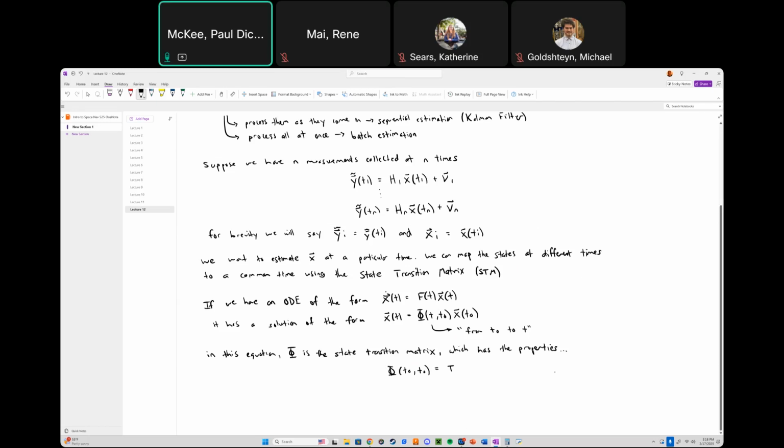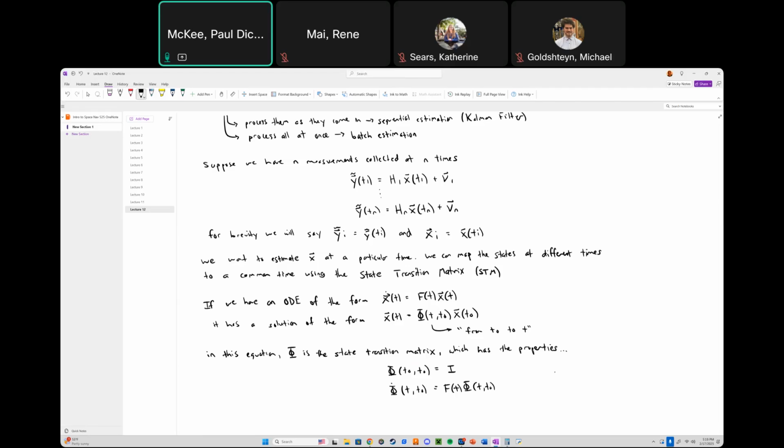So in this case, it would be the identity matrix. Phi dot, the derivative of the state transition matrix mapping t naught to t, is F of t times phi of t. So we're saying here, the state transition matrix from the initial time to the current time, multiplied by F, which is the same F that governs the dynamics of the linear system, gives us the derivative. So F maps phi to phi dot the same way that F maps x to x dot.